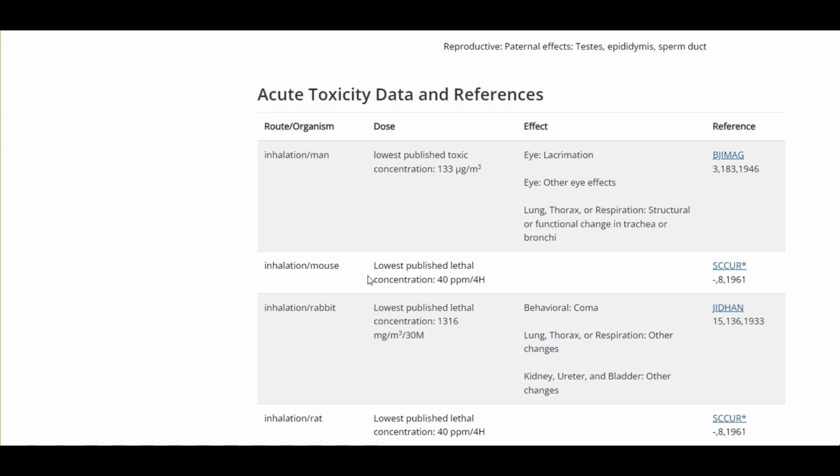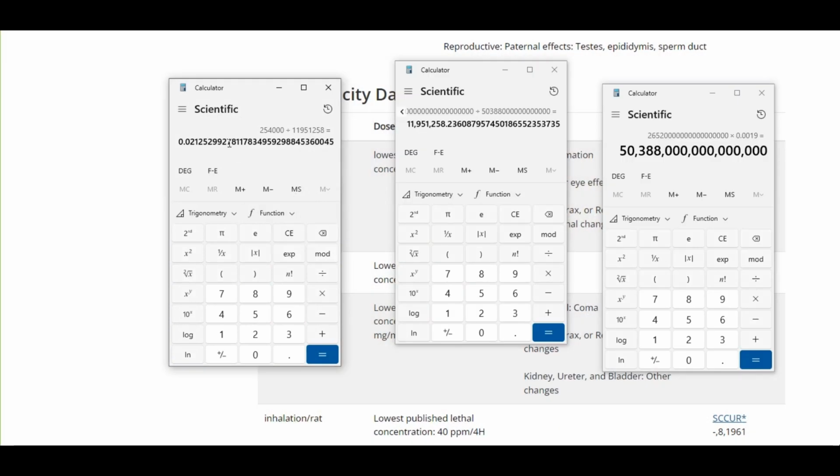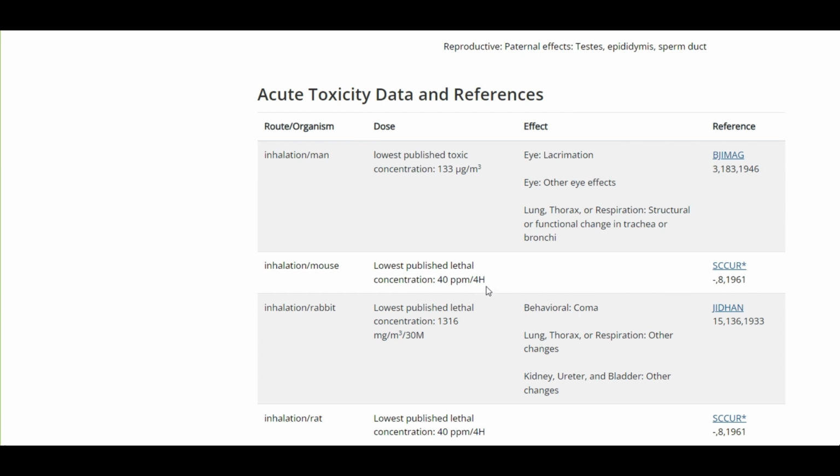Now, right here, inhalation for a mouse, lowest published lethal concentration, 40 parts per million. I could go back and do all the math, but I don't really need to, because I found out that all I need to do is take this number, 40 parts per million, multiply it by 10, and you will get the number of milligrams per cubic meter of air, roughly.